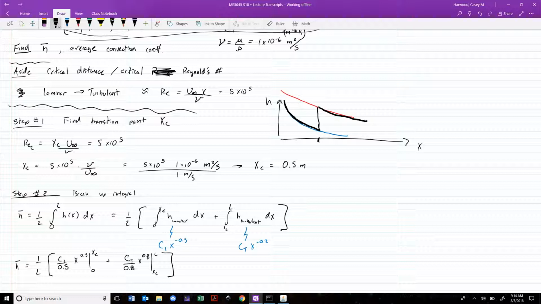Hypothetically, let's say we heat the water up a little bit. Let's assume that our CL and our CT remain the same, so that these red and blue curves are not changed. If we heat the water up, the viscosity would decrease.